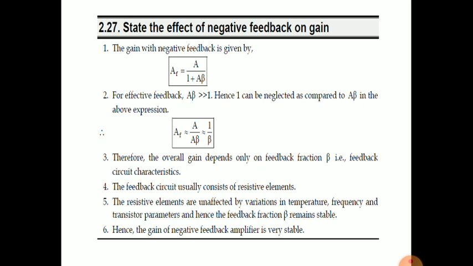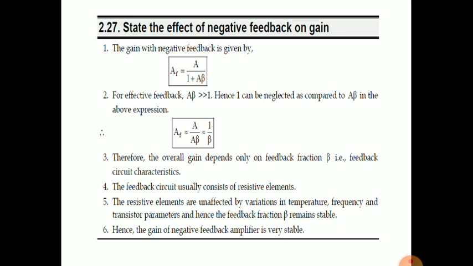The feedback circuit usually consists of resistive elements. Already we know that it is resistive elements. The resistive elements are unaffected by variations in temperature, frequency and transistor parameters. Hence, the feedback fraction beta remains stable.